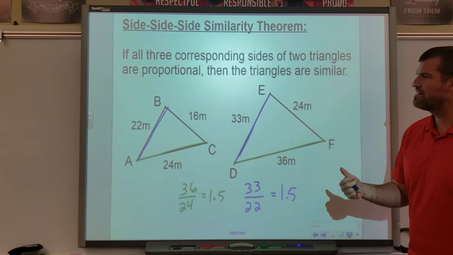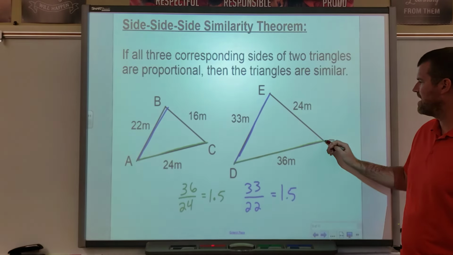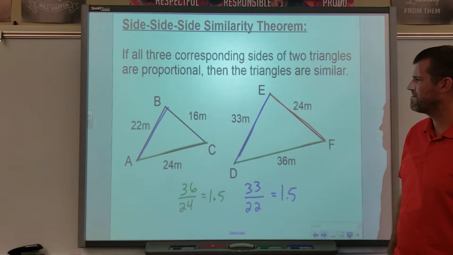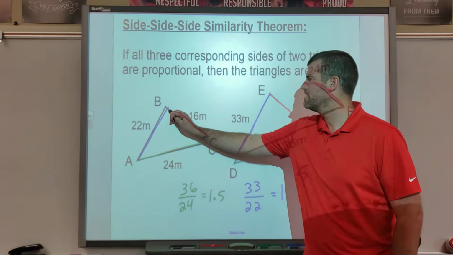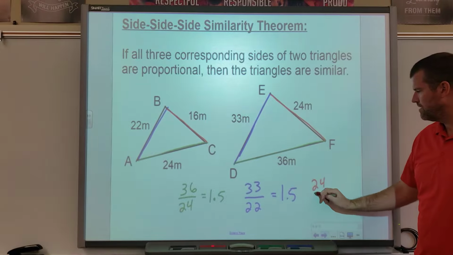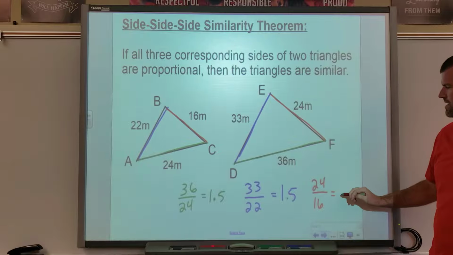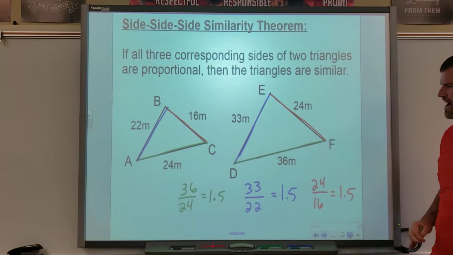But if we're going to use side, side, side, we need to also identify if the last pair of sides is also in the same scale factor, or proportionate. So I can take 24, divide that by my original, which was 16, and I get 1.5.